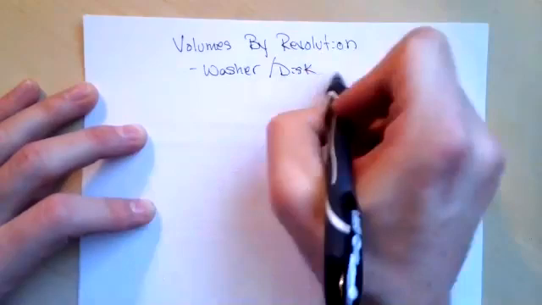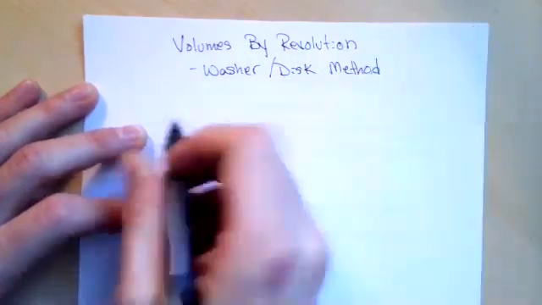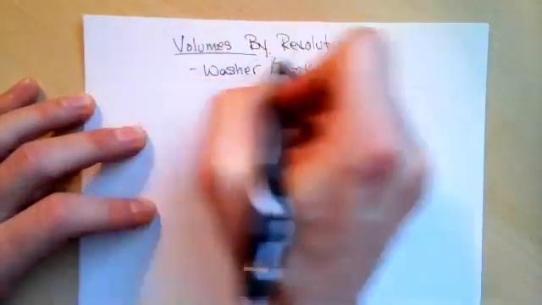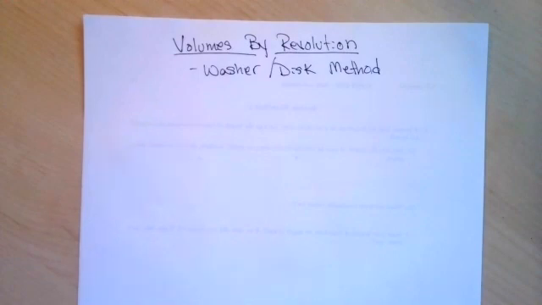Our technique is the washer disk method. We'll have 3 techniques for finding these volumes. The washer and disk method, there's going to be a cylindrical shell method, which we get to, I think, next Tuesday. And then there's these extrusions that we make with cross-sectional shapes.